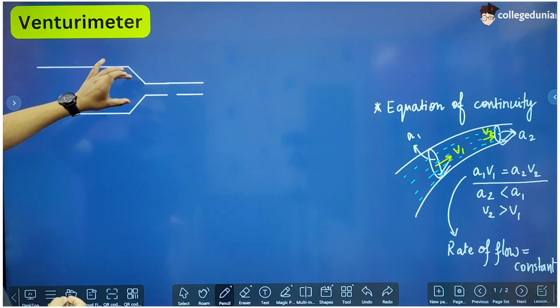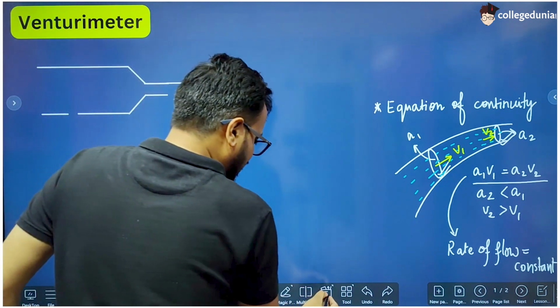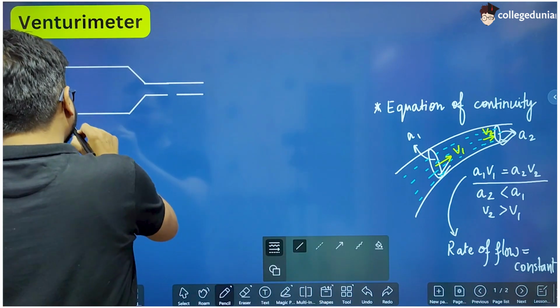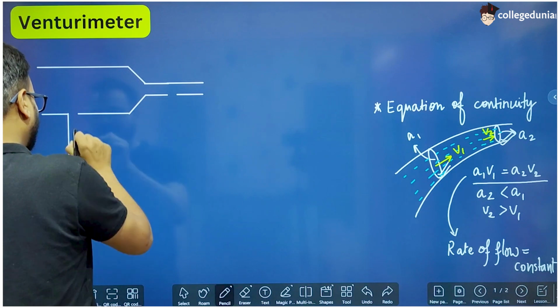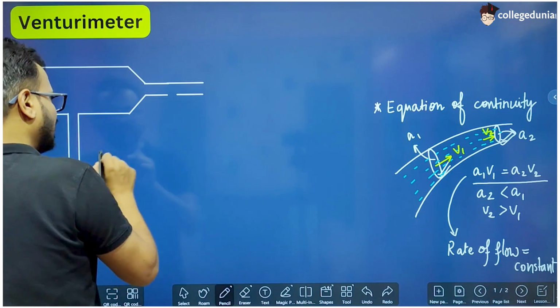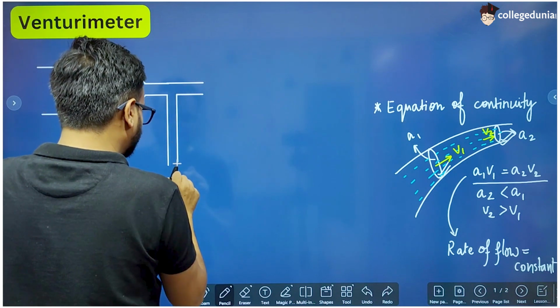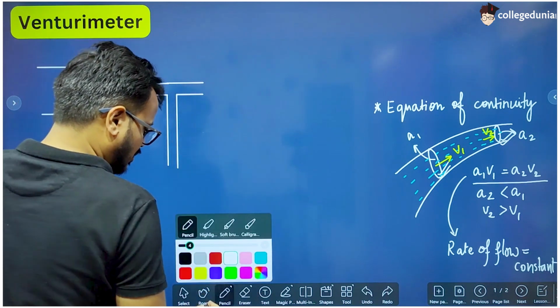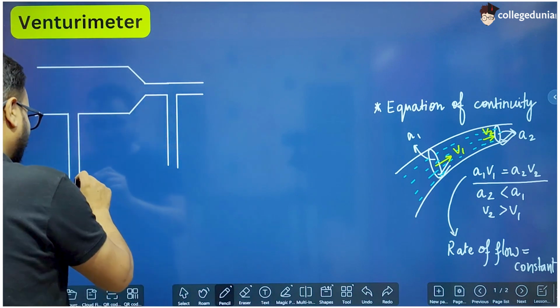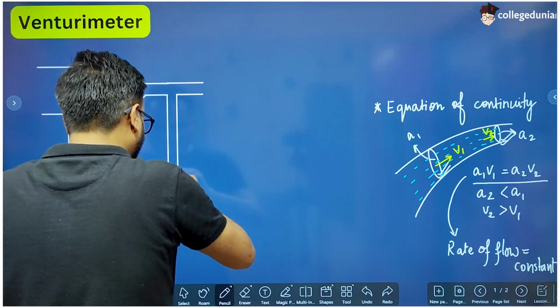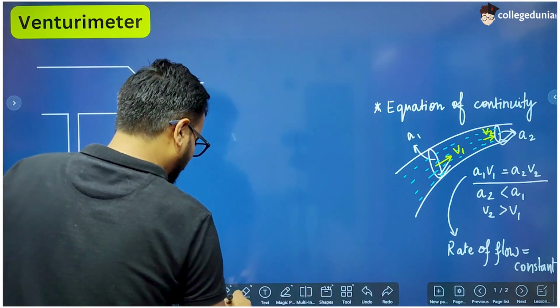This is a broad part and this is a narrow part, and you can see the openings. Here are the two openings, and these two are connected by the two limbs of a U-tube. Not the YouTube on which you are watching this video, but a tube of U-shape, right?